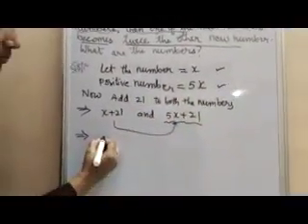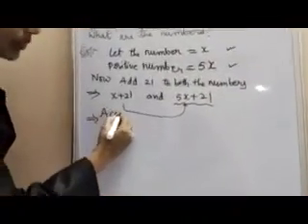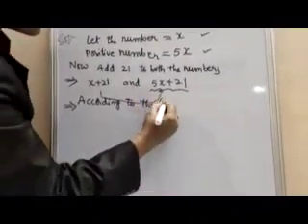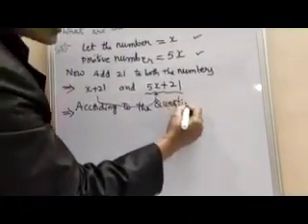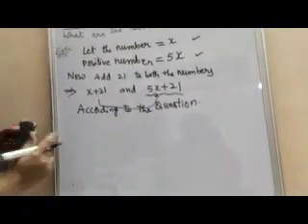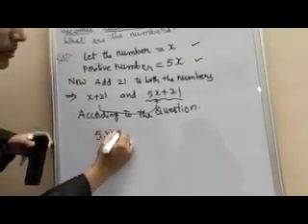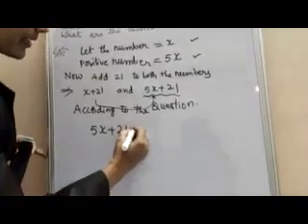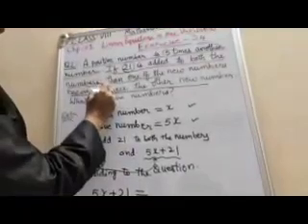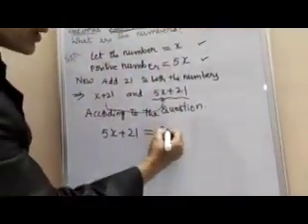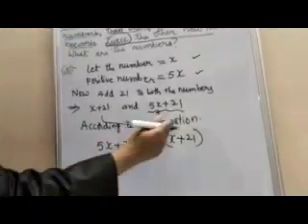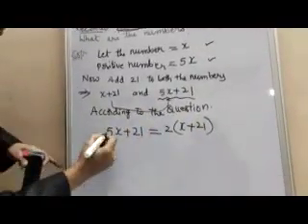So according to the data given in the question, 5x plus 21 is equal to, one of the numbers is twice the other number, twice x plus 21. Simplify here.